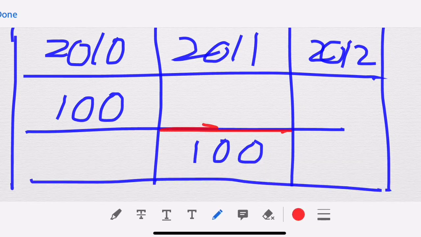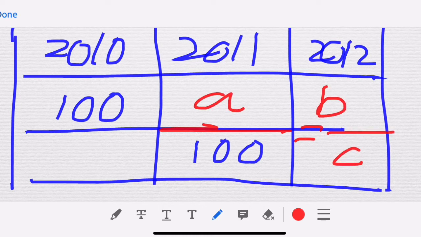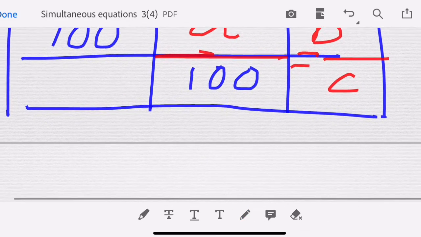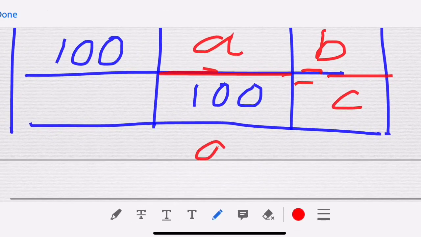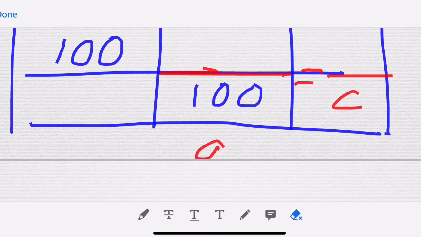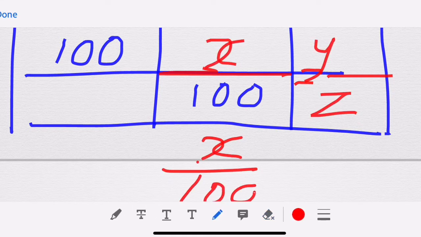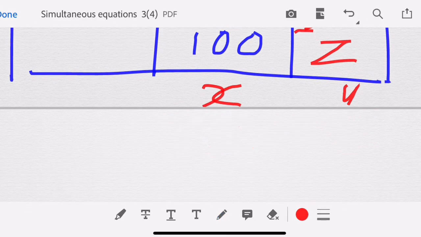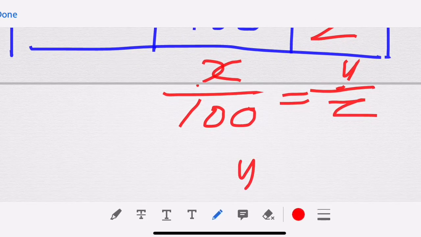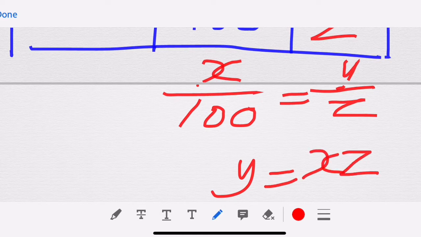This is A, this is B, this is C. Actually I don't use A, I use X, Y, Z. This is X, this is Y, this is Z. So my conclusion is I can say X over 100 is equal to Y over Z. That means Y is equal to XZ over 100.